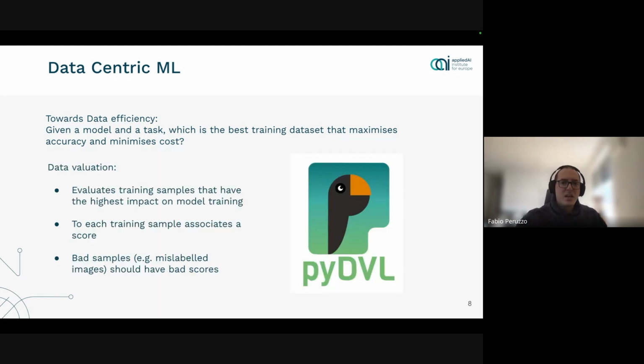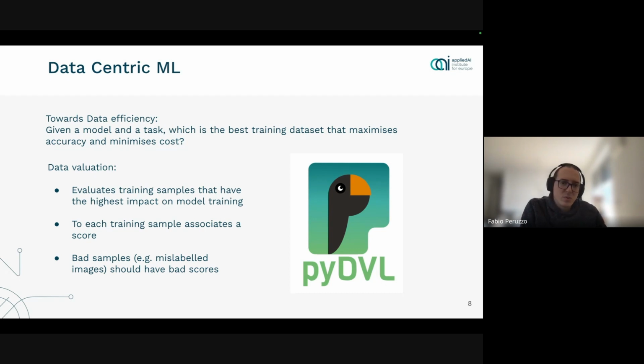So with this, together with my colleagues, we started developing this library, which focuses on data valuation, a sub-problem within the context of data-centric ML, and that is a key part of moving towards data efficiency. The idea is we want to evaluate the training samples that have the highest impact on model training.